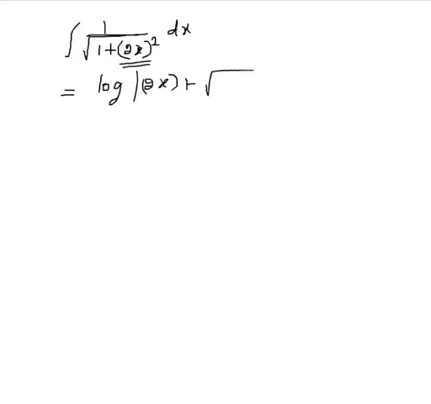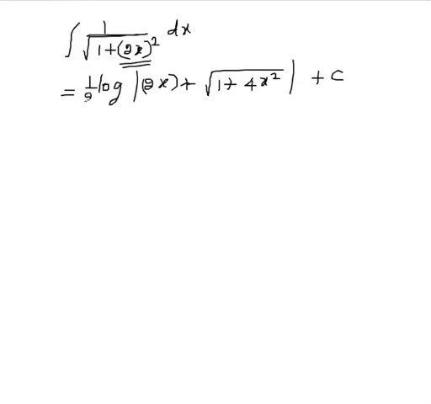Or you can do it directly without taking 4 also you can do. Root of 4x square can be written as 2x the whole square and use the formula. So it becomes log of x here is 2x plus it's a linear function of x, so we can use the formula root of 1 plus 2x the whole square, which can be written as 4x square plus c.